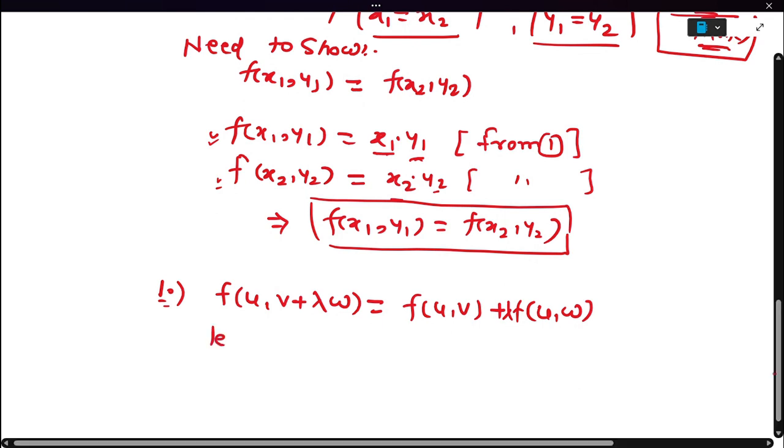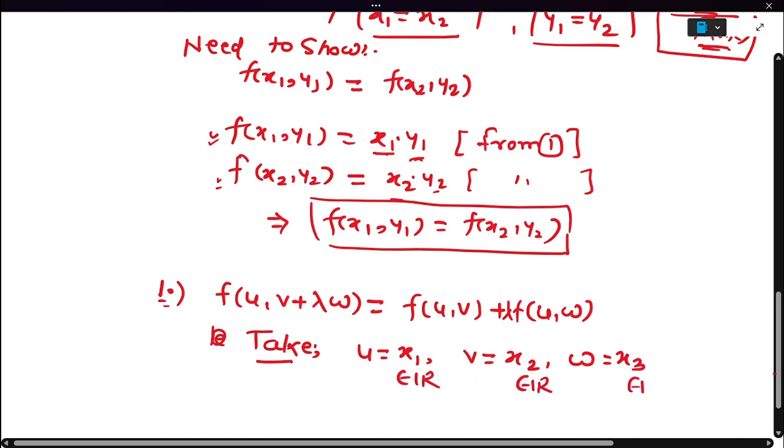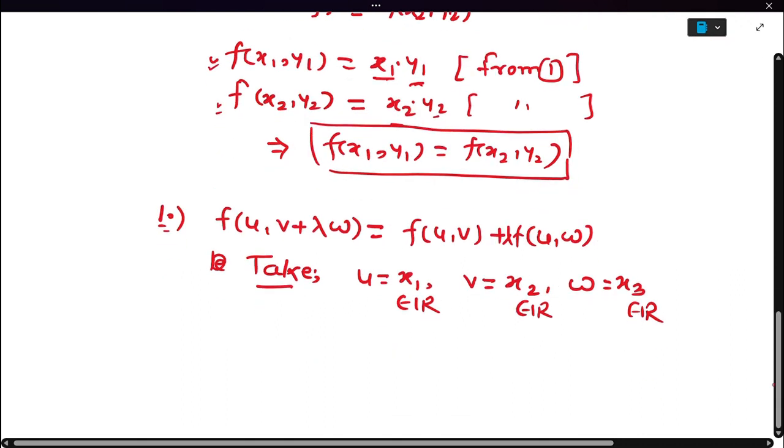So take u equal to x1, v equal to x2, and w equal to x3. These are real numbers. Now in the RHS we can write, the value of u is x1, comma x2 plus lambda x3.